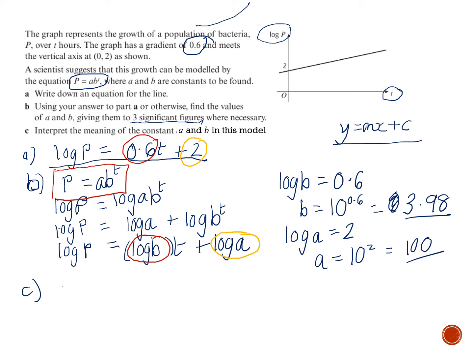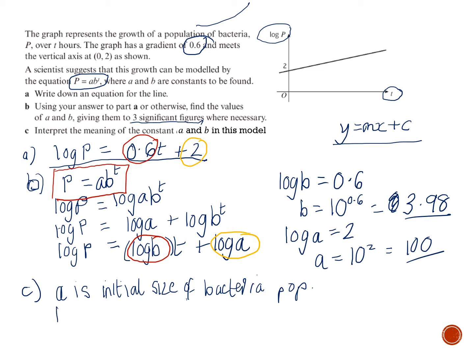Okay, so in the context of the question, A is the initial size of the bacteria population. I'm going to write pop. Okay, so A is the initial size of the bacteria population.